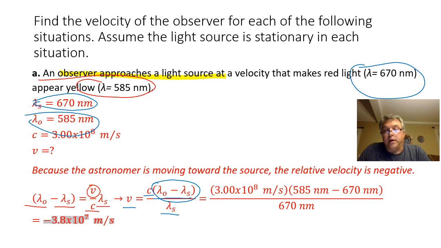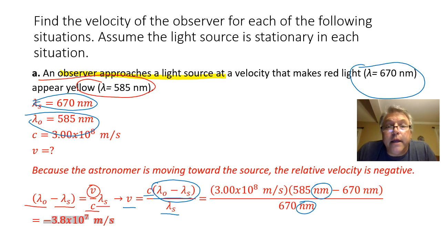One quick note on this problem. You may be saying, wait a minute, you did not convert my wavelengths from nanometers to meters. And in this case, I don't need to, because if you think about your dimensional analysis, it never goes away.